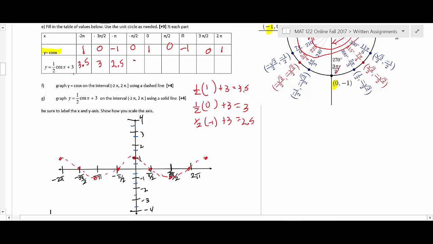So at -1 we have 2.5, at 0 we have 3, and at 1 we have 3.5. Once you get 3 of those done, the rest of them are going to start repeating themselves anyway. So you've got 5 key points.